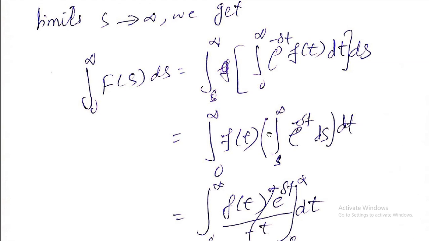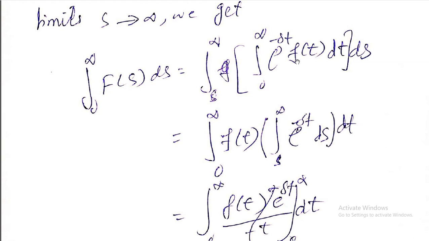Now we have to integrate this with respect to s, so we have to change dt with ds. When we change this, the limits will be s to infinity and 0 to infinity. So we use the change of order of variables.